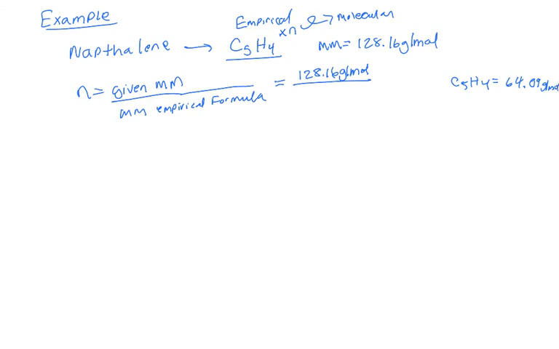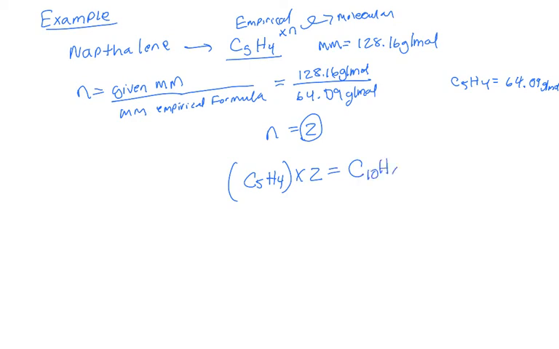Okay, so we divide this here by the formula mass that we just figured out for our empirical formula, and this gives us a 2. So our n is 2. So that's the factor that we need to multiply our empirical formula by to get our molecular formula. So C5H4 times 2 gives us C10H8. And this is the molecular formula, what we actually have existing in our molecule.